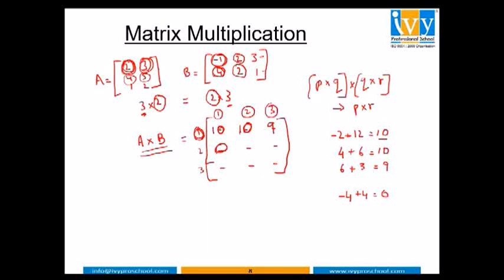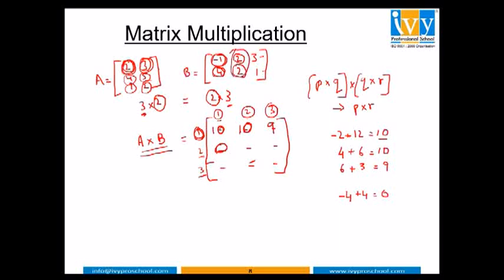Likewise, the second row of A will be multiplied by the first column of B, the second row of A will be multiplied by the second column of B to get this number, and suppose for this number we will multiply the third row of A, so these two numbers will be multiplied by the second column of B by this.